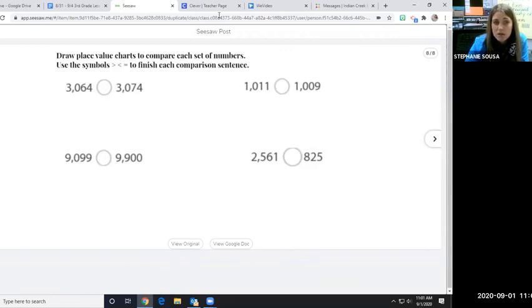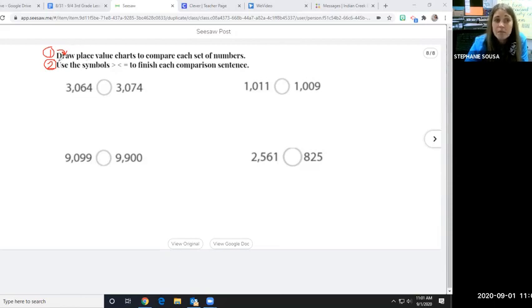I want to make sure that I point something out to you. There are 2 things to do on this page. My directions tell me to draw place value charts, which means I'm getting graded on if I draw the chart. I understand that some of you may not feel like you need the chart. However, as a teacher, I need to verify that you understand the concept.